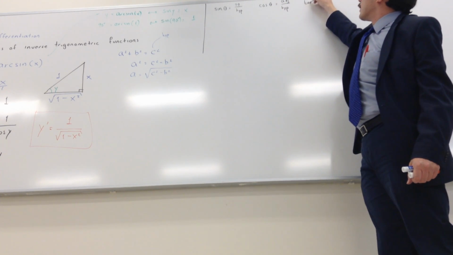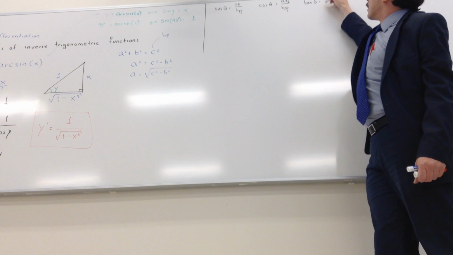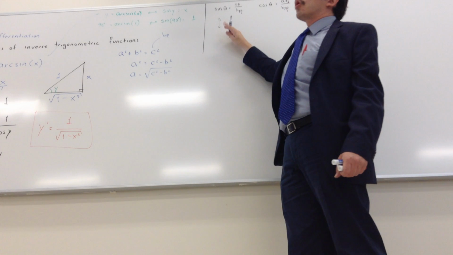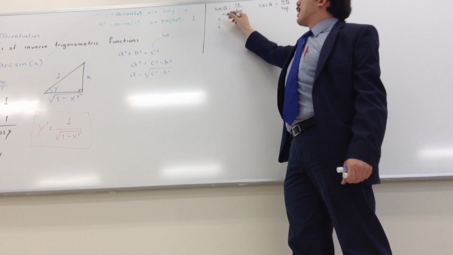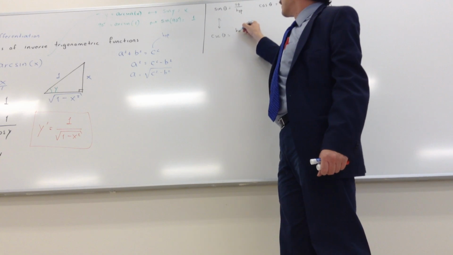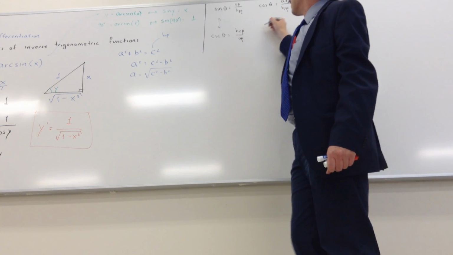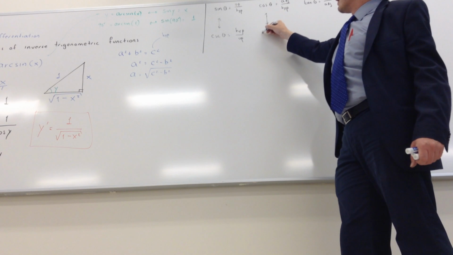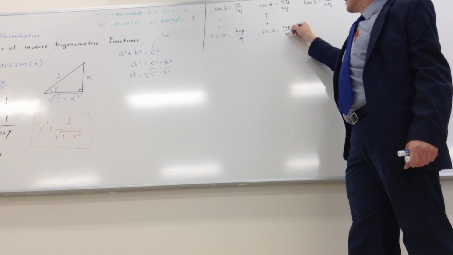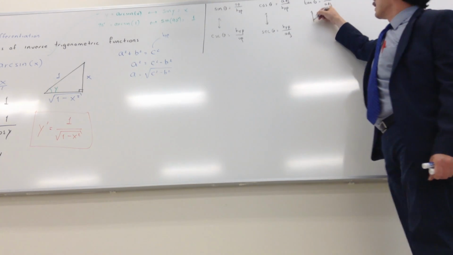What's the tangent? Opposite over adjacent. If I want to use the reciprocal, for sine it is cosecant, for cosine, secant, and for tangent, cotangent.